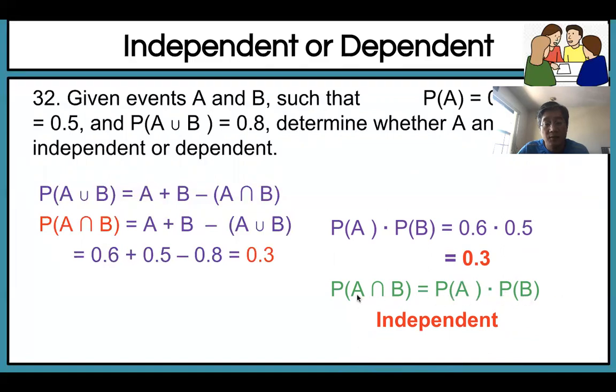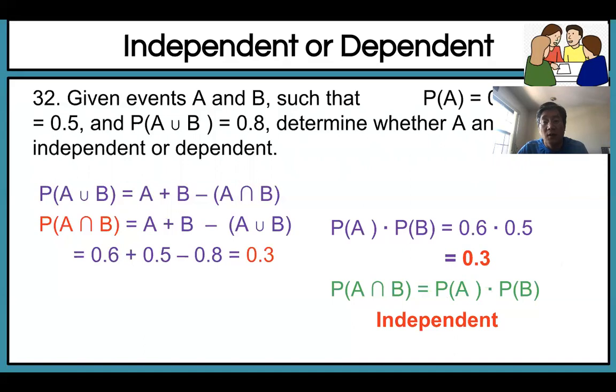You need to make sure, right? So P(A) times P(B) is 0.6 times 0.5, which is 0.3. Are they equal? Yes, they are equal. So can we say they are independent, right?